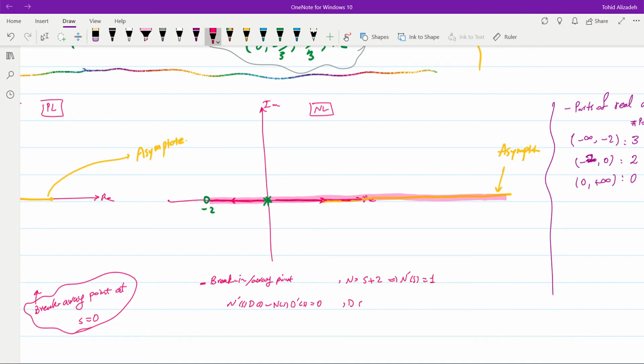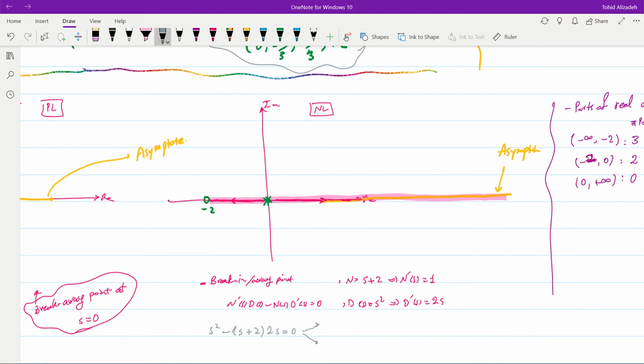For d we have s squared, therefore d prime is equal to 2 times s. If we plug those values into the equation, we will have s squared minus s plus 2 times 2s equal to 0.